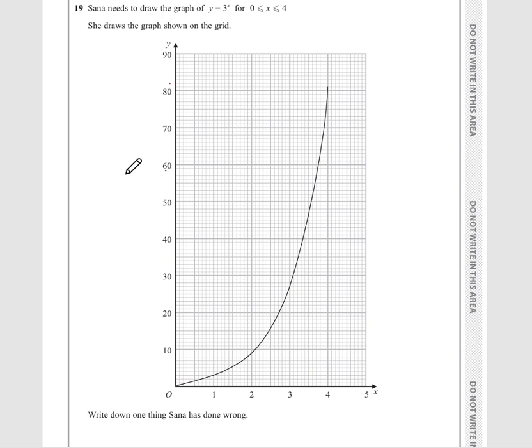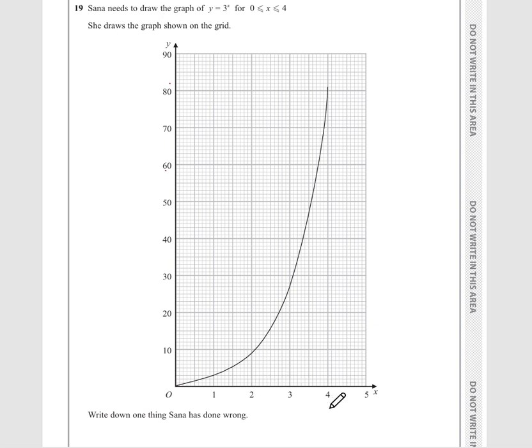Question 19. Sana needs to draw the graph of y equals 3 to the power x for 0 to 4. She draws the graph shown on the grid. And we want to figure out one thing that she's done wrong. It's always worth checking the axes. Are the scales equal? Which they are.